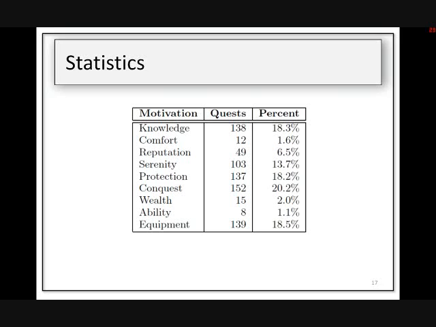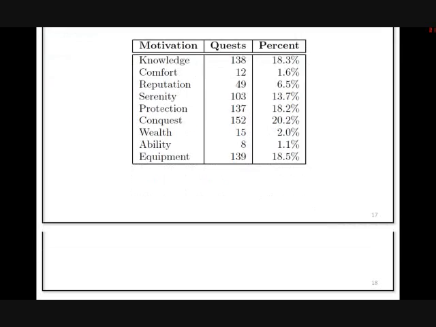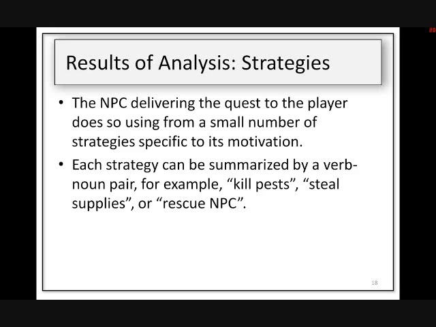Comfort quests, though, made up only 1.6%. This is not to say that comfort quests aren't important, but they just didn't come up so much. Not that they're not given often, but they make up a small percentage of the kind of quests that are available out there.